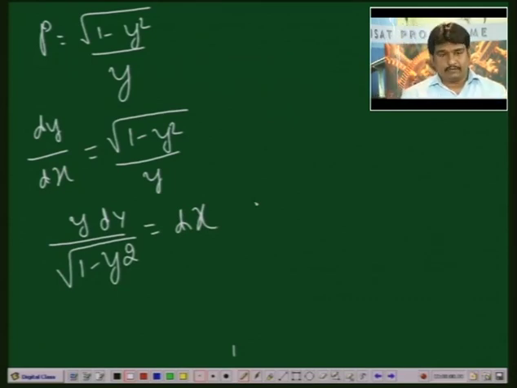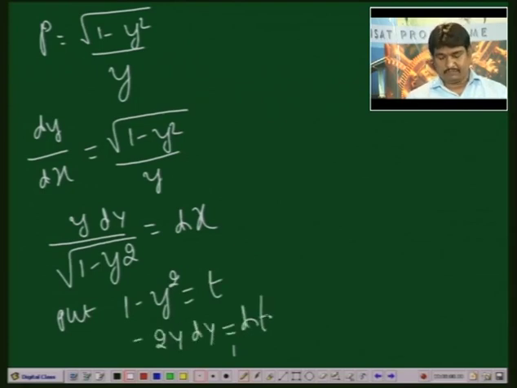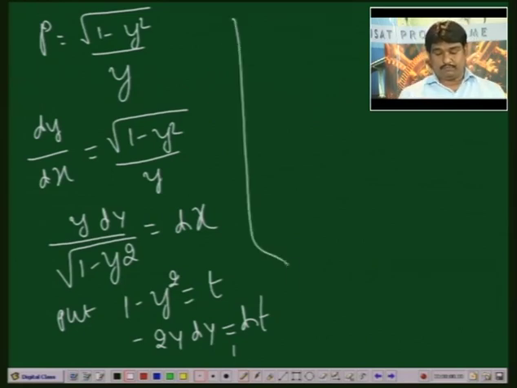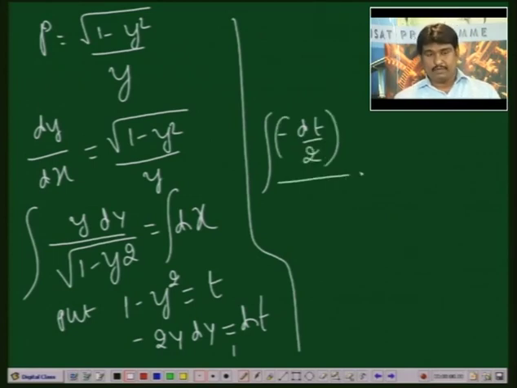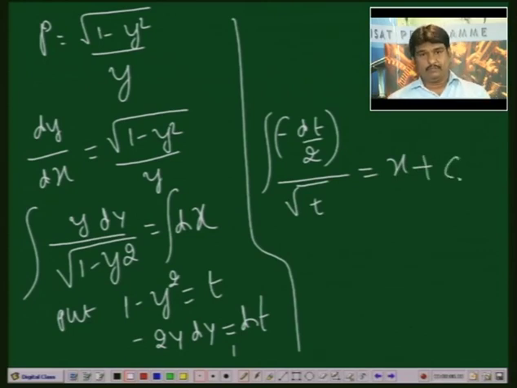Okay, you have to integrate it. Put 1 minus y square as some new variable t, then minus 2y dy becomes dt. Therefore, this equation becomes, its solution, integration y dy is minus dt by 2 divided by root of 1 minus y square, which is root t, equals to integration of dx, which is x plus some constant c.